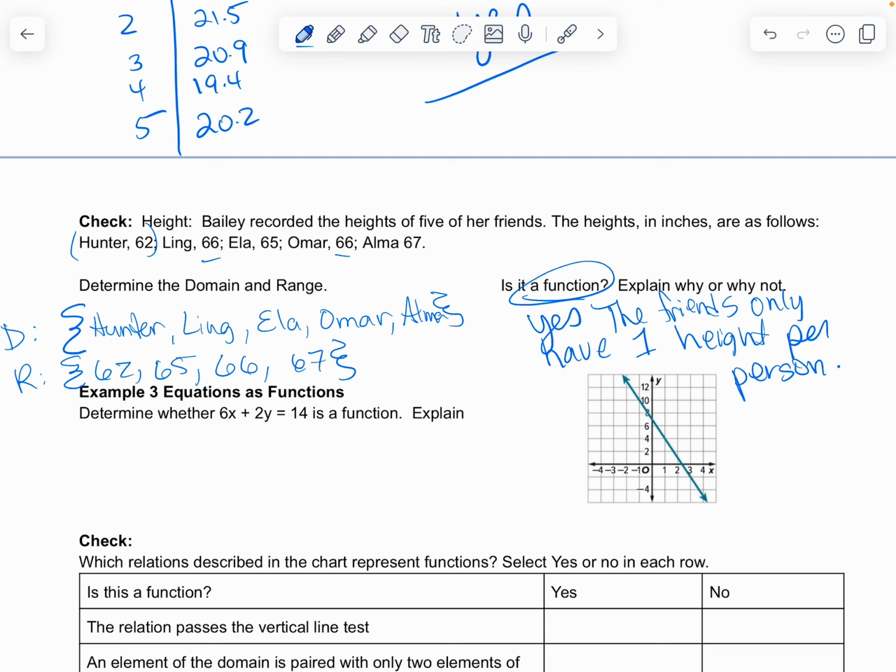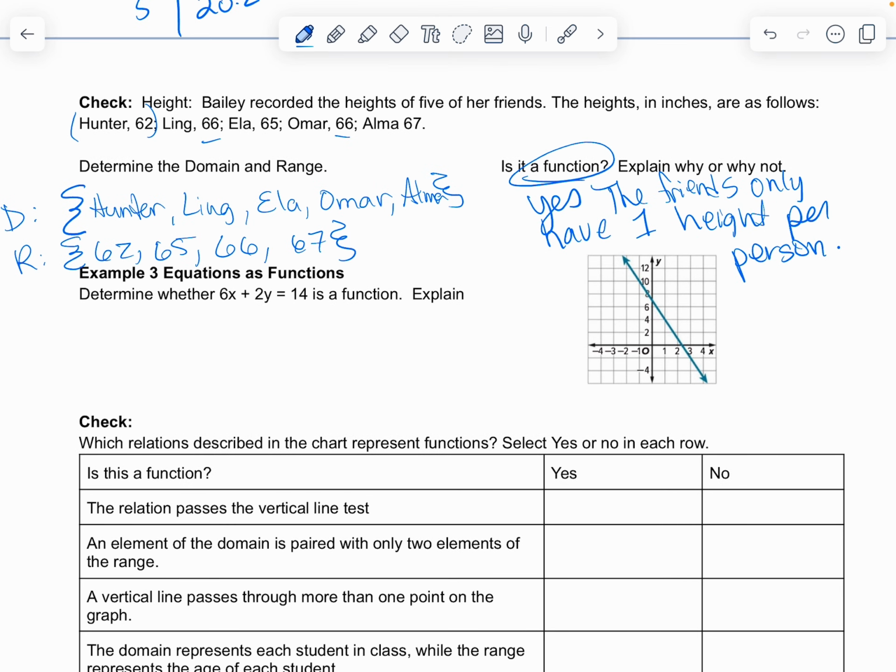Now, the next one, is it a function? Well, it's graphed right here. Is that a function? Well, no matter what value I put in for x, the y value is only going to have one answer. I'm also going to explain that if it is a line except x equals a number, then it is a function.